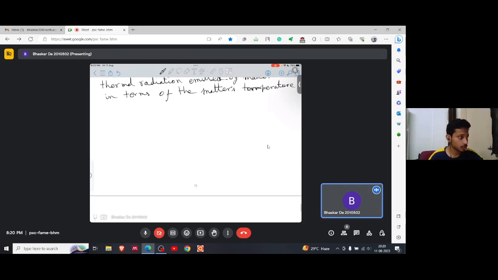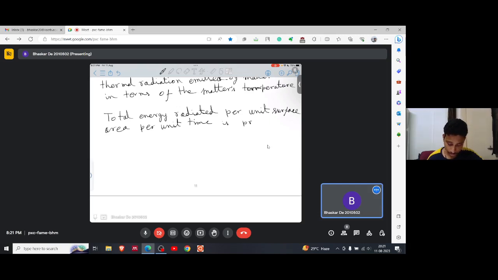The law mathematically describes that for an ideal emitter or black body, the total energy radiated per unit surface area per unit time is proportional to the fourth power of temperature.